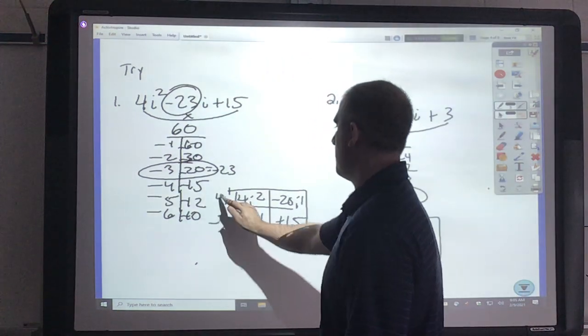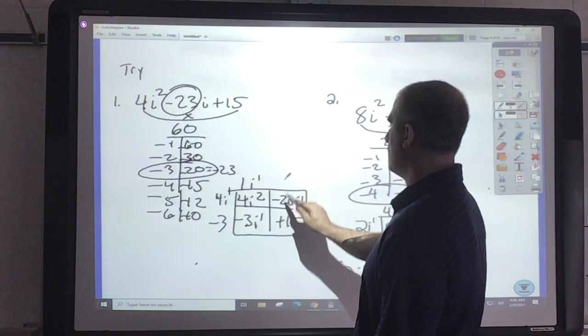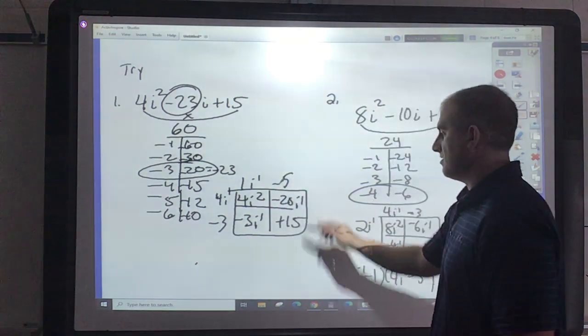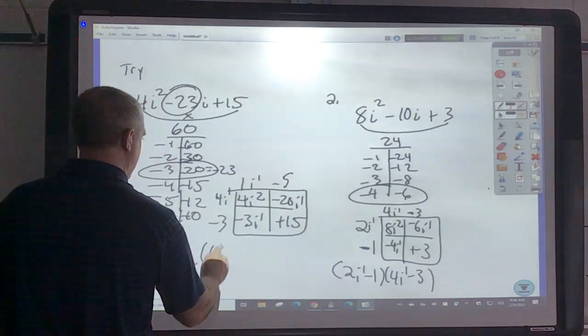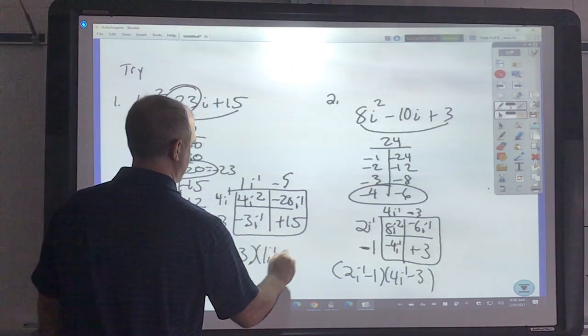Since there's a minus there, that 4 times what would give me 4? That's 4i to the first. 4 times what would give me negative 20? That would be 5. Since it's minus, it's minus. Okay, they don't have an i. So it'd be 4i to the first minus 3, 1i to the first minus 5.